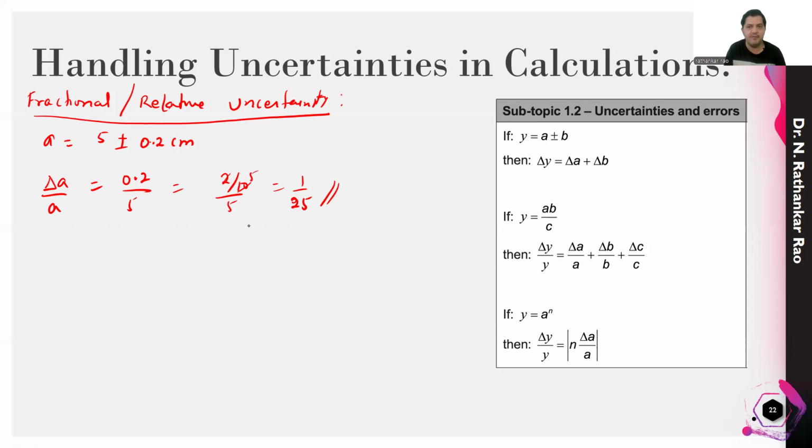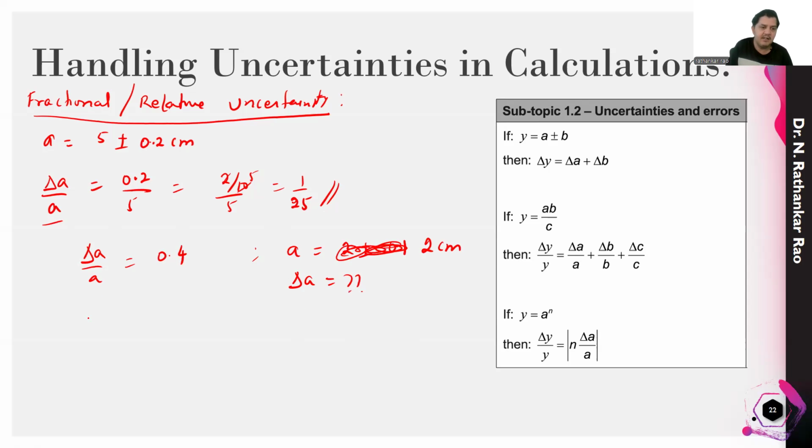You can keep it in fractions, or you can convert it into decimals. Let us say, for example, in one of the problems, the relative uncertainty for a variable, delta A by A, is already given to be 0.4, and the value of A is equal to 2 centimeter. Then find delta A. How do I do it?